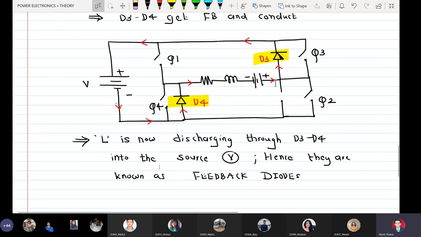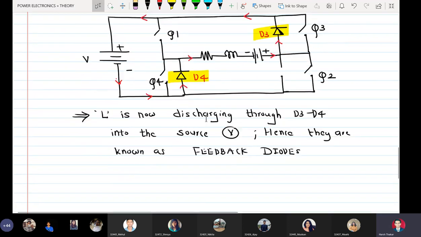The fact is that Q3 and Q4 are receiving the drives, but because of the inductor they are not able to conduct. So now the inductor is discharging. After some time the inductor will be completely discharged, and at that instant Q3 and Q4 will start conducting.